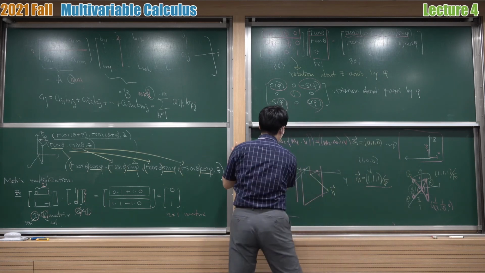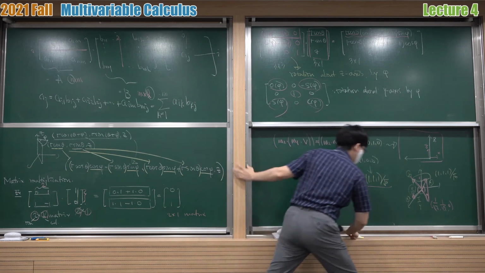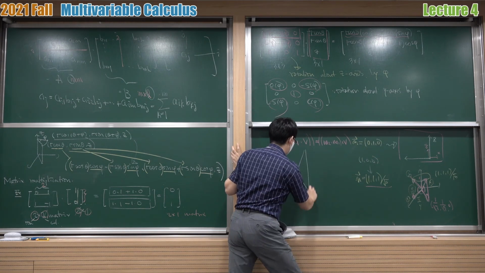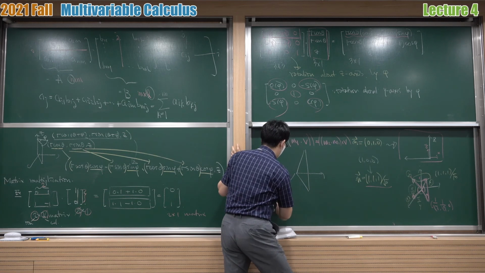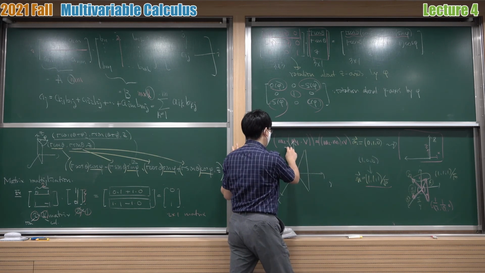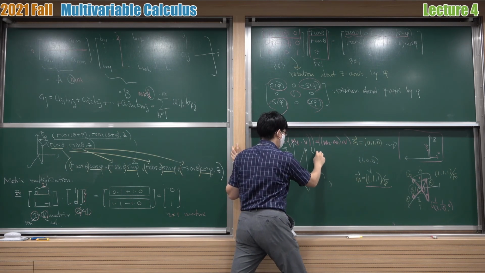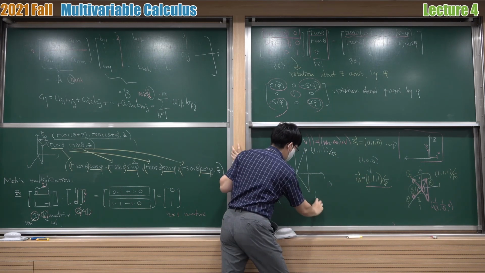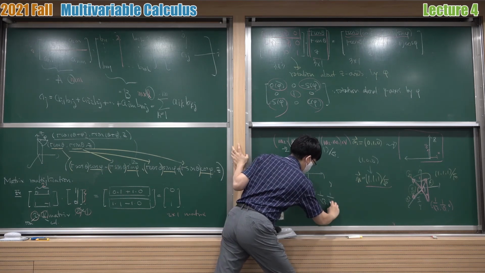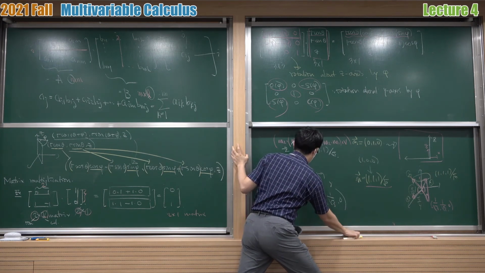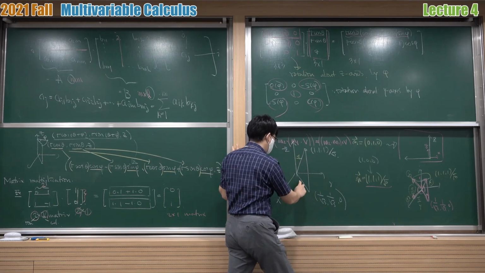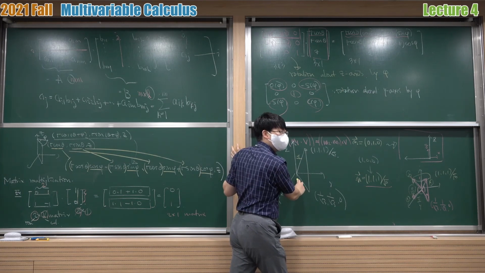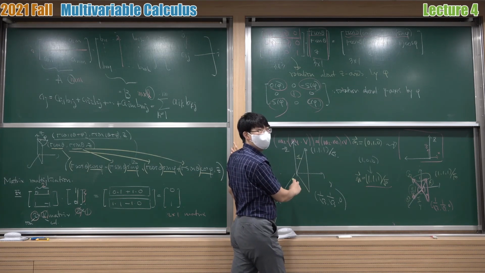Let me make a bigger picture because I don't need this anymore. So let's make a bigger picture. So x, y, and z, and this is my (1, 1, 1) over square root of 3, and this is length 1 and length... Can you say it louder?